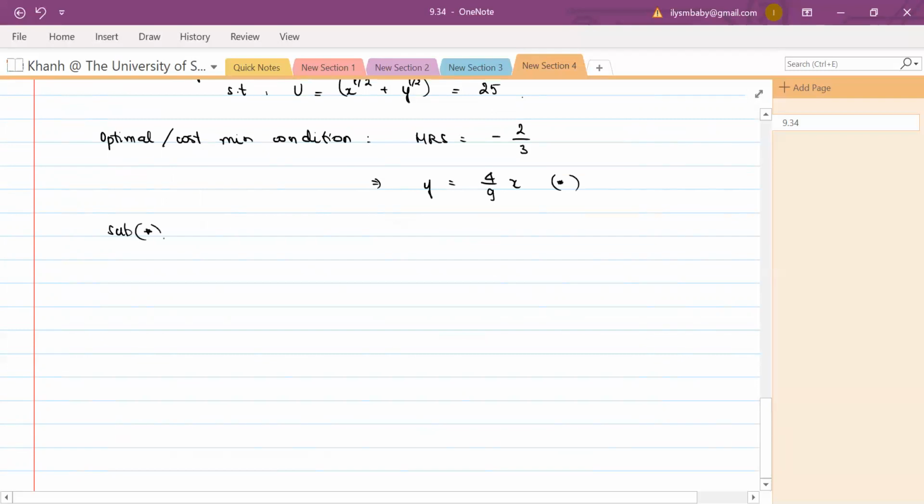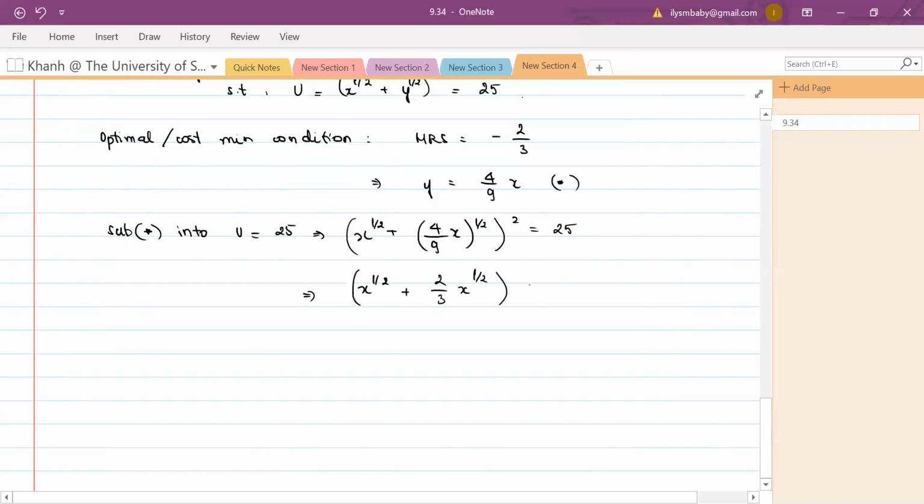If I substitute this star condition into the utility constraint U equal to 25, I have (x^(1/2) + (4/9 x)^(1/2))^2 equal to 25. So I get x^(1/2) plus, now (4/9)^(1/2), which is the square root of 4/9, which is 2/3, times x^(1/2), everything squared equal to 25.